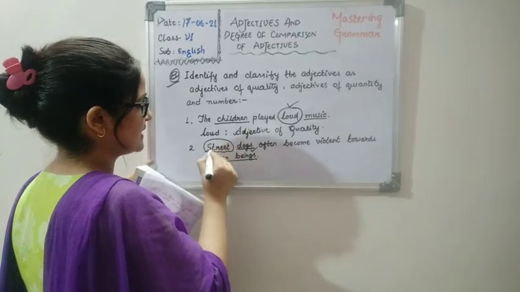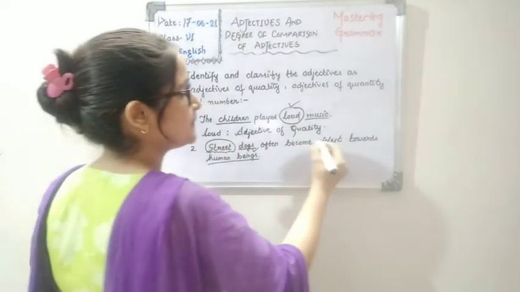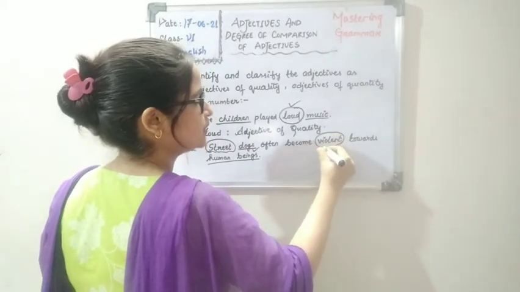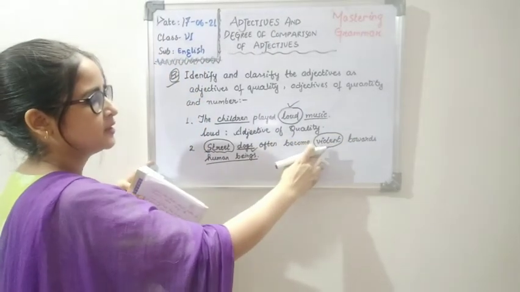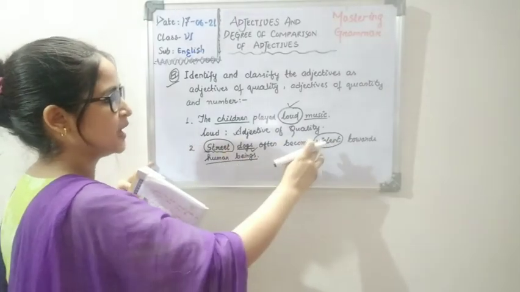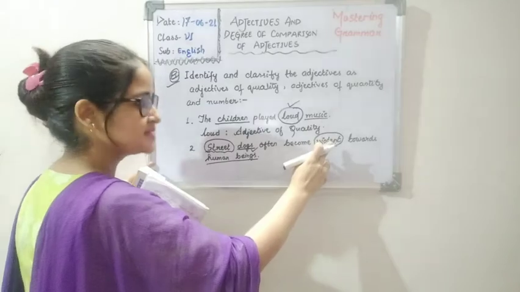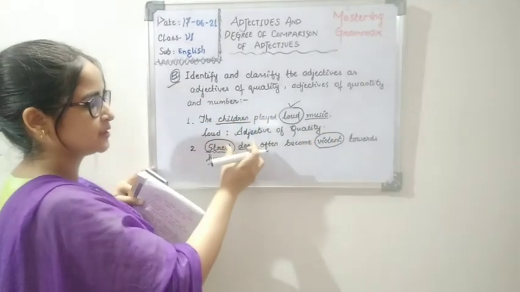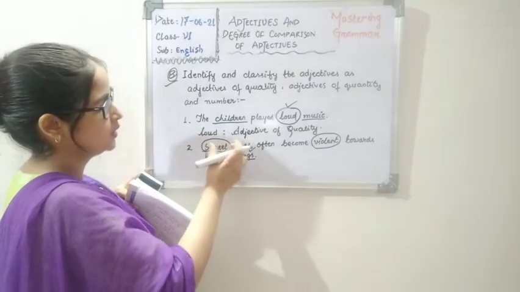So this is an adjective, and then they become violent. What kind of behavior does this show to human beings? They become violent, they become aggressive. The dog is what kind of dog? Street dog.